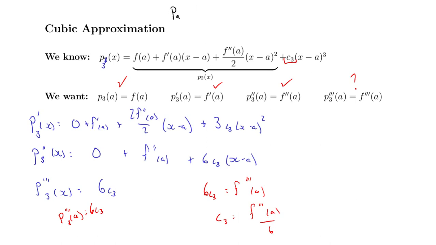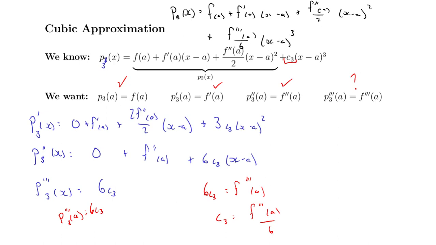So p sub 3, the third degree polynomial approximation, is f of a plus f prime of a times x minus a plus f double prime of a over 2 times x minus a squared plus f triple prime of a over 6 times x minus a cubed.